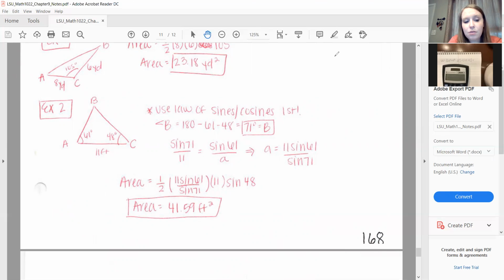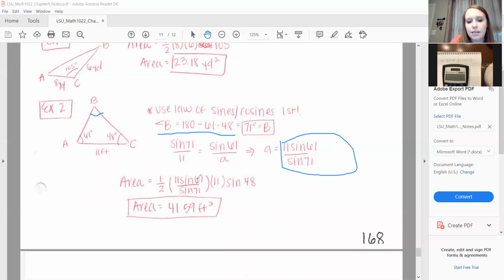So first we know angle C because we can do 180 minus 61 minus 48, and I know that this angle right here is 71 degrees. So then I could do sine of 71 over 11 equals sine of 61 over A. Plug it in your calculator just like this, and you know what A equals.